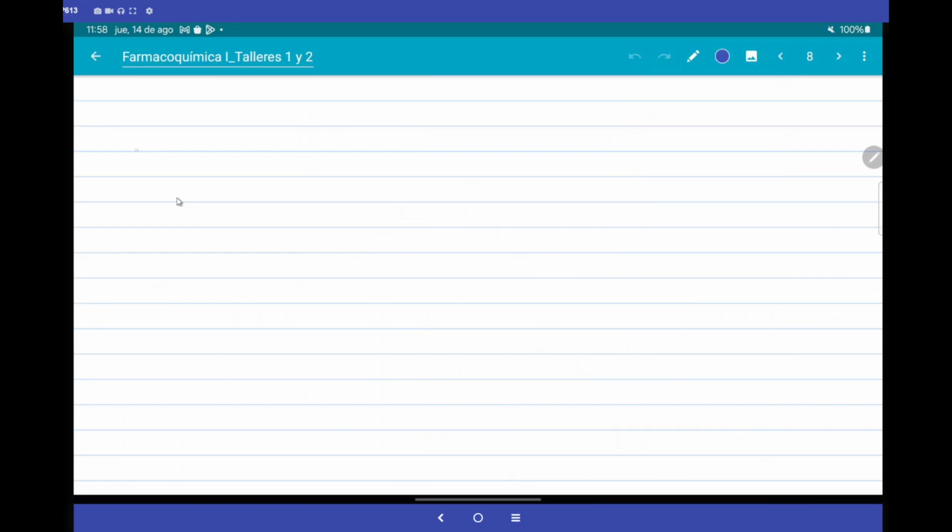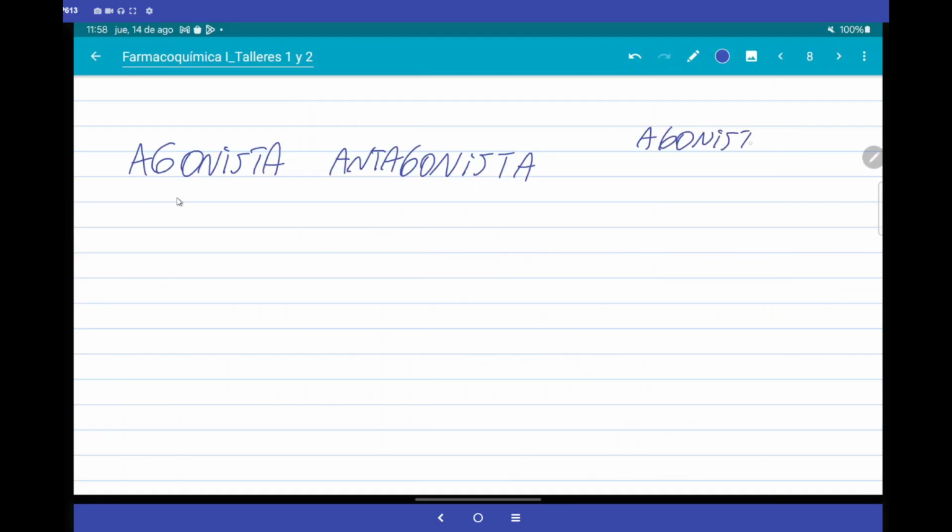We already have these three concepts that I also take advantage of defining now: the concept of agonist, the concept of antagonist, and the concept of inverse agonist. I could define them pharmacologically when one studies the dose-response curve.